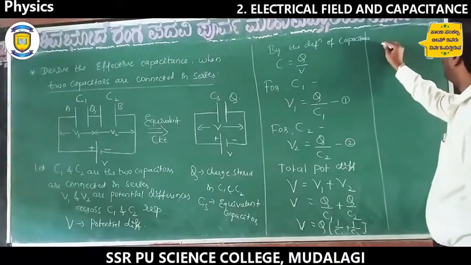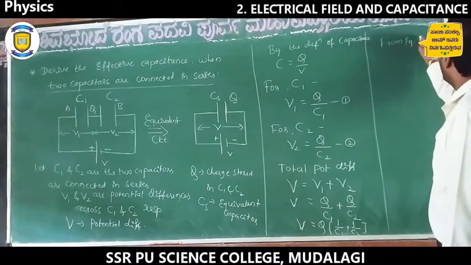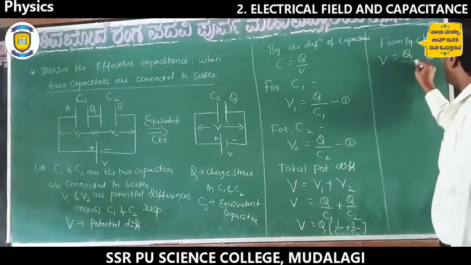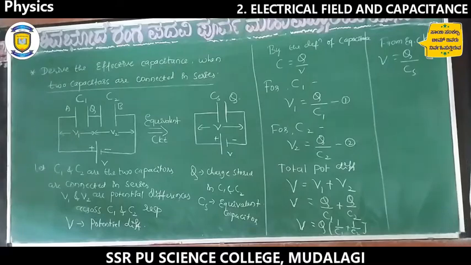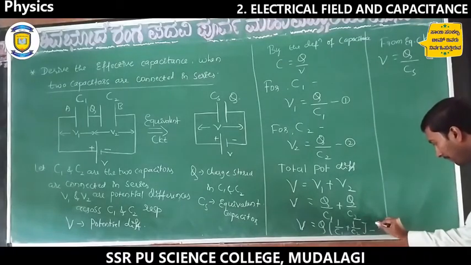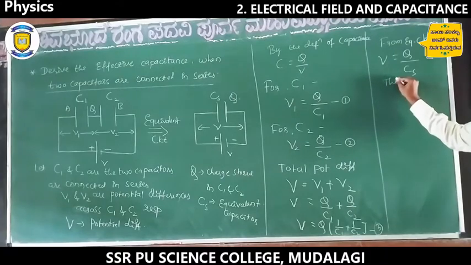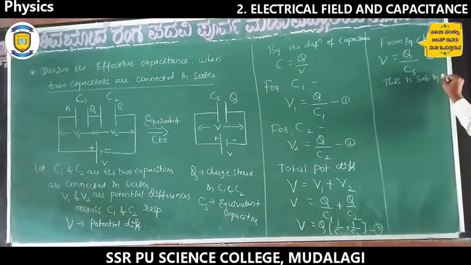So from the equivalent circuit, V is replaced by Q by CS. CS is the effective capacitance when the two capacitors are in series. Q is the total charge. So this is substituted in equation number 3.